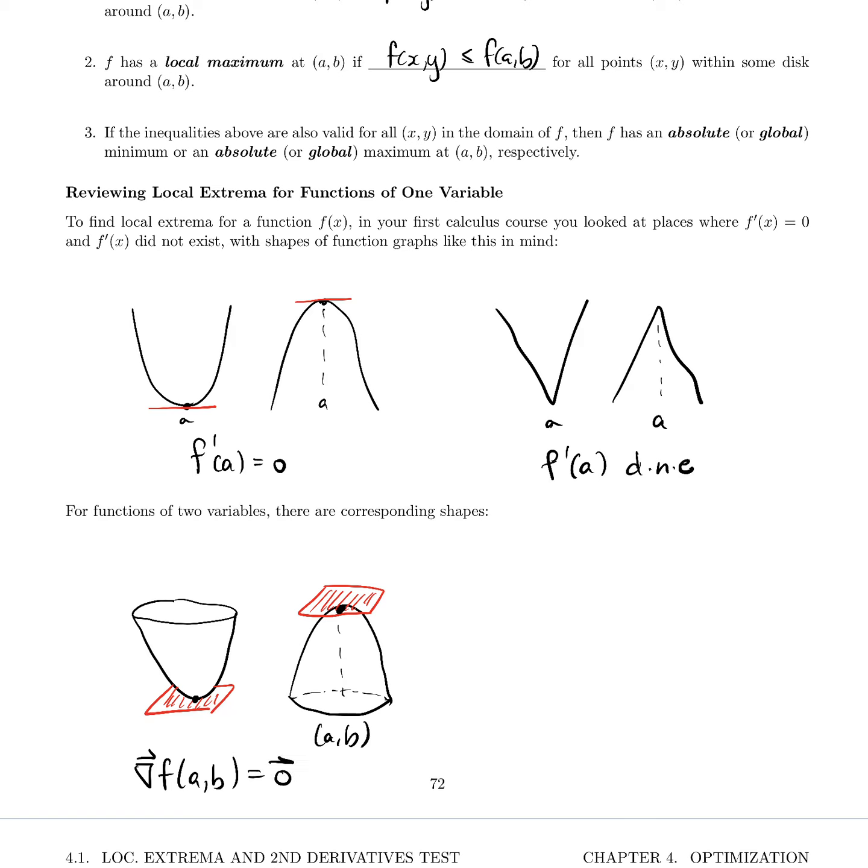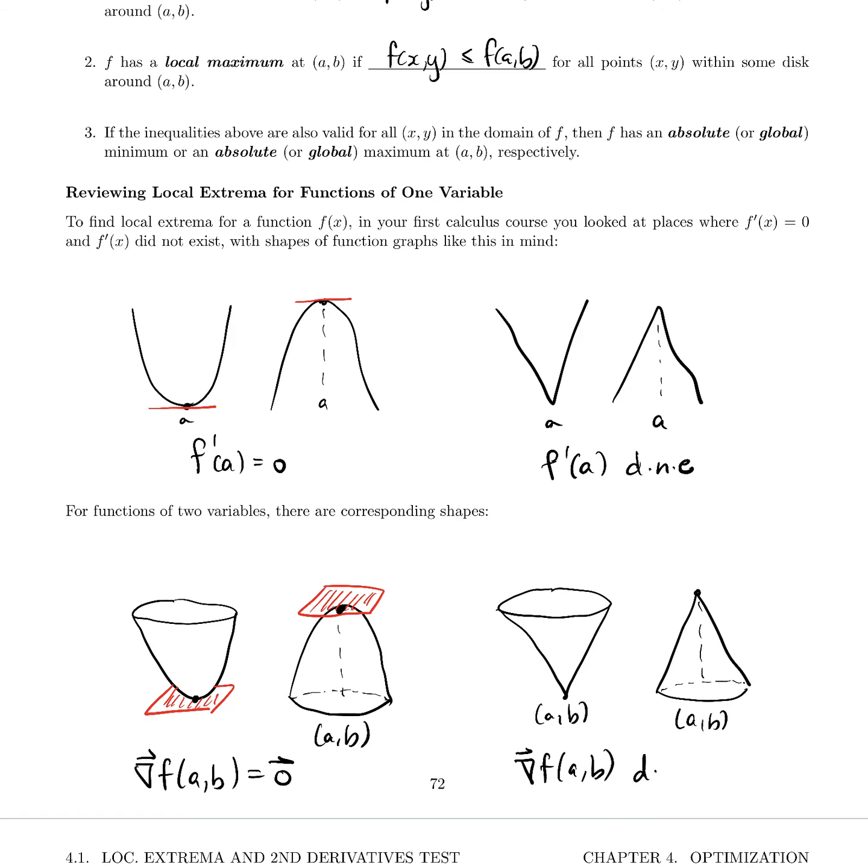We've also seen some examples of sharp points. Half of the double cone, for example, we've seen this. Clearly here we have a local minimum, and a local maximum, but the function was not differentiable, so the gradient at that place does not exist.